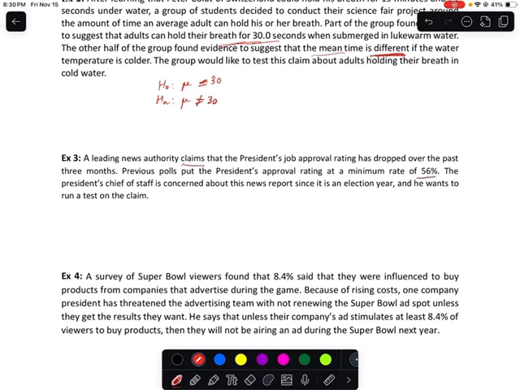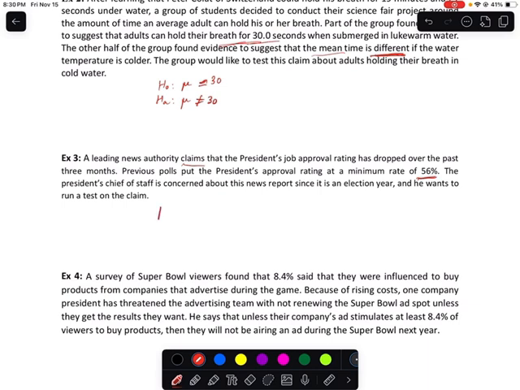Now note here, you will not see the word mean anywhere in the wording of the question, and then we are looking at a percentage. So what does percentage tell us? That it is a proportion problem. And approval rating cannot be a mean, right?